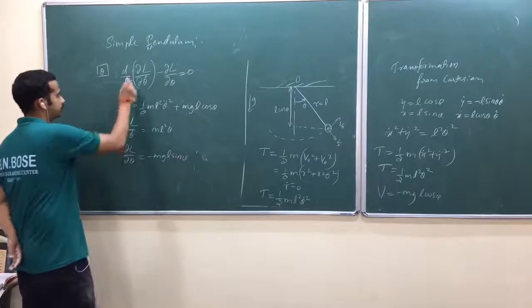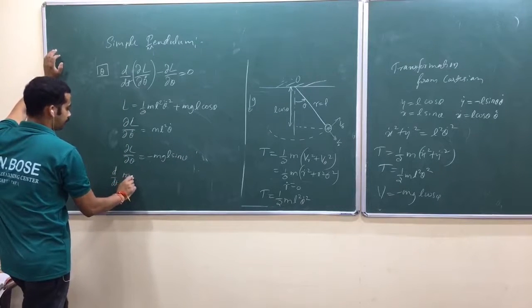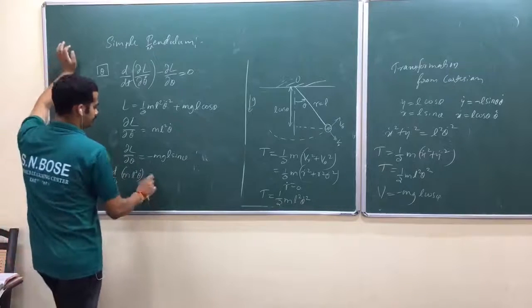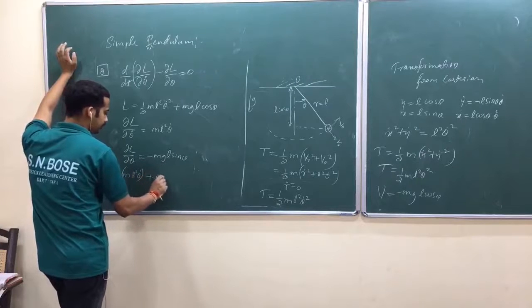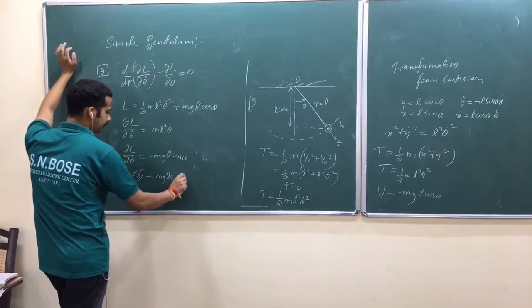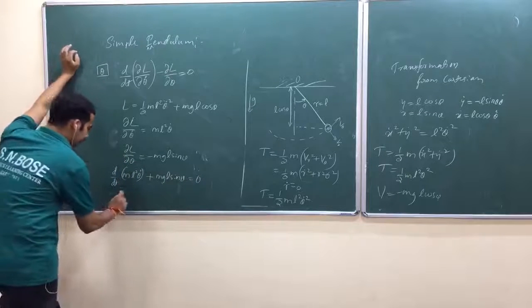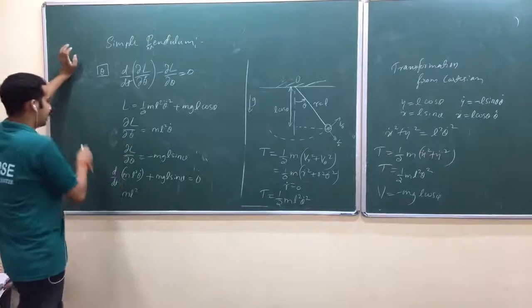Now can you just substitute this one here? D by dt of ml square theta dot minus mgl sin theta, minus of minus plus mgl sin theta is equal to 0. M and L square are constant. I can write ml square. The derivative of theta dot, we write theta double dot.